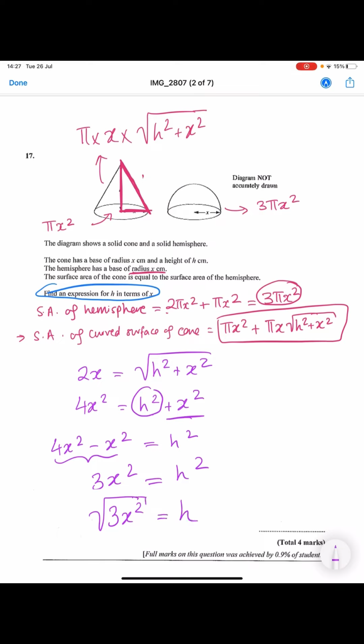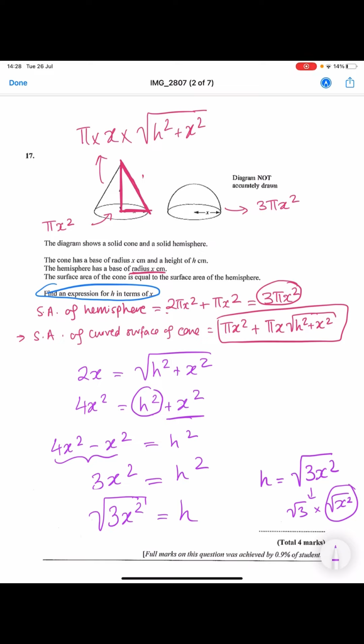So now we've got h in terms of x. Okay, so for a neater answer, we can separate this into root 3 times root of x squared. But the root of x squared is just x.